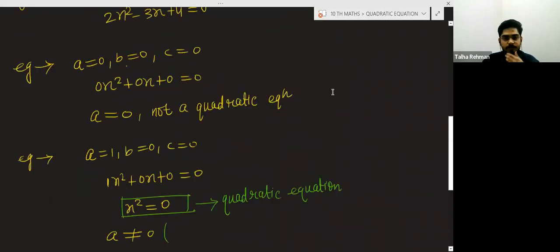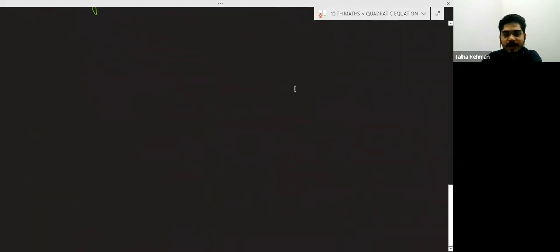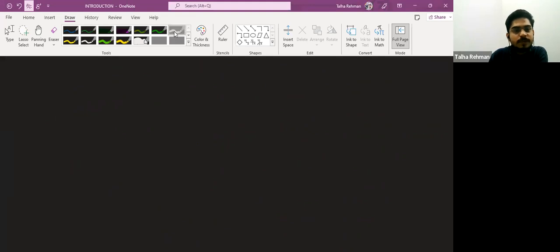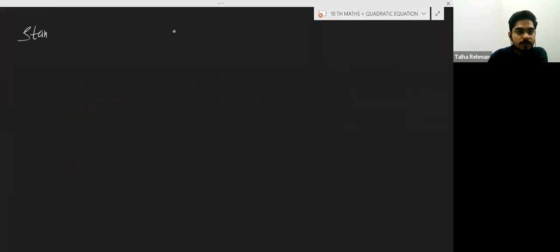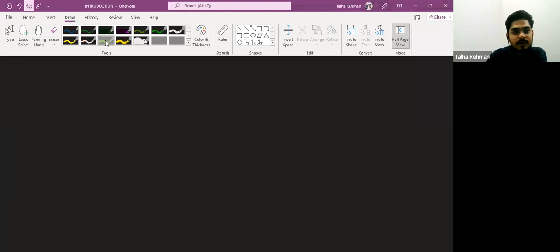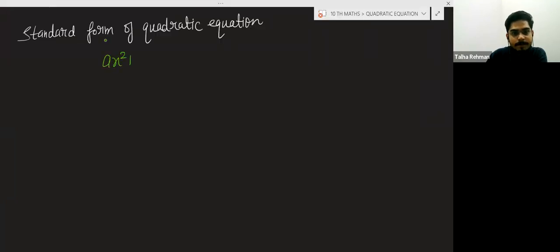After this, we will see how we write the quadratic equation in standard form. So, the standard form of a quadratic equation is this: ax square plus bx plus c is equal to 0.